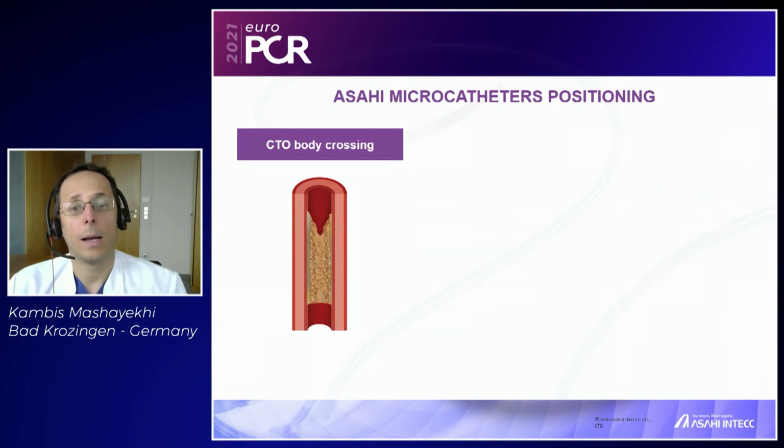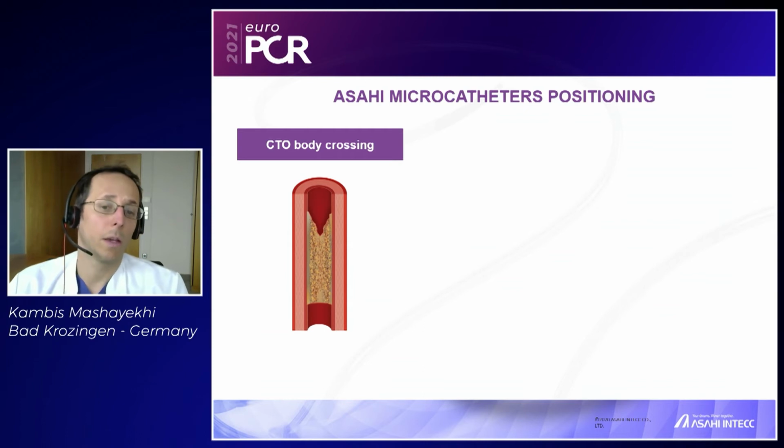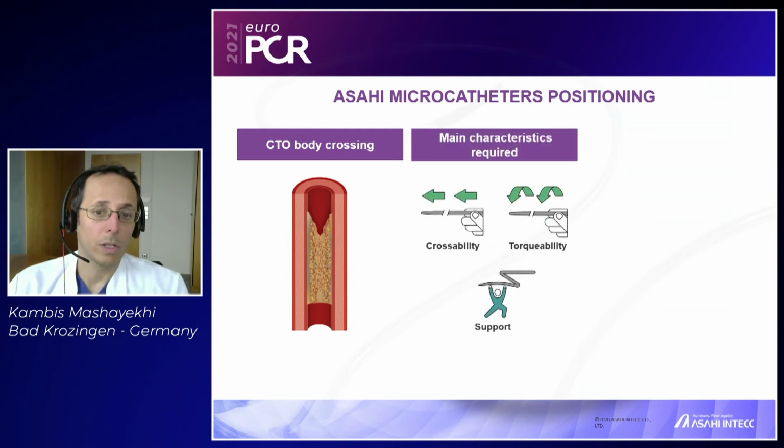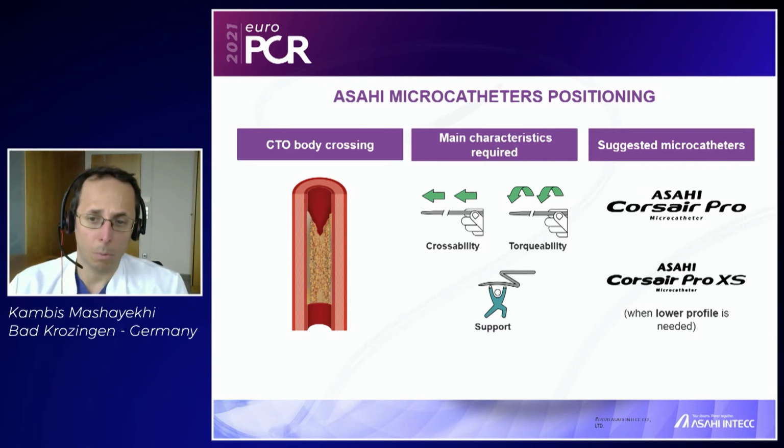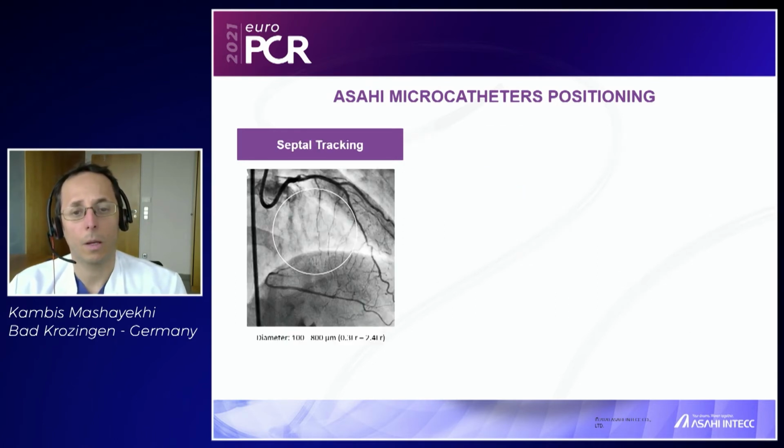Regarding microcatheter positioning for CTO crossing, with crossability, torquability, and support, I think the Corsair Pro is a very good microcatheter. But if you need a lower profile device, then the Corsair Pro XS is a very good alternative.